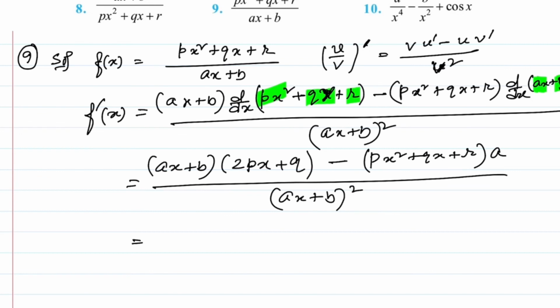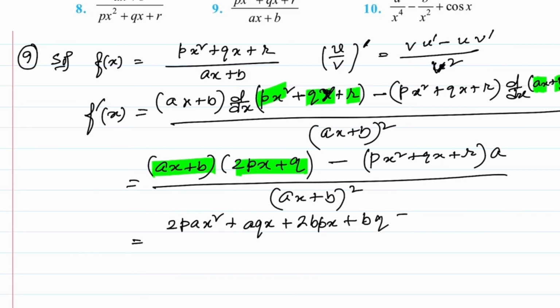Now let us simplify the numerator again. Multiply these two: twice pa x square plus aqx, twice bpx plus bq, minus apx square plus aqx plus ar.